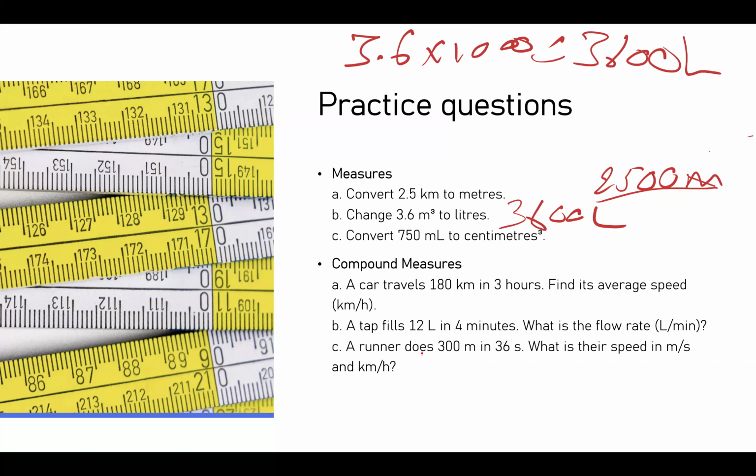3,600 liters. So 750 milliliters into centimeters cubed. So ml to cm cubed.